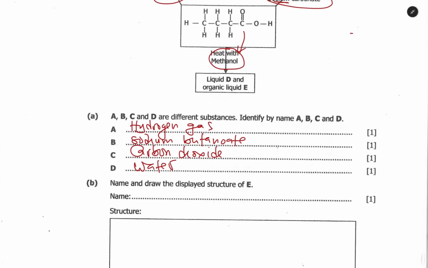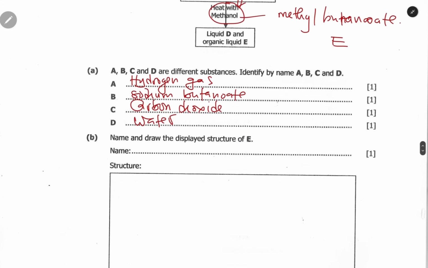So D is water because it's a liquid D. Then organic liquid E is an ester. And what is the name of this ester? This is butanoic acid. This is methanol. So it's methyl butanoate. I guess we'll find the question where we have to answer this one. So that is how we answer the first question.